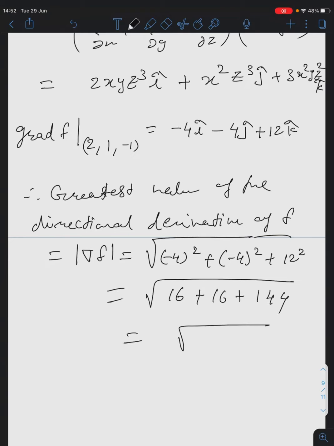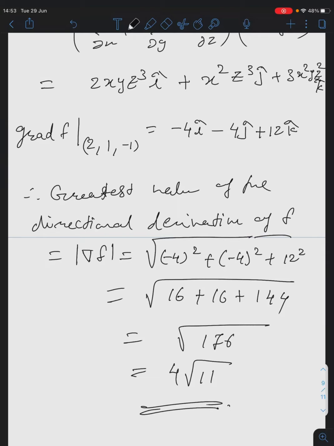On adding, how much you get? 176. How can you further write it? You can take 16 common, 4 comes out, so 4 root 11. Got it? So this is how you calculate the greatest value of the directional derivative.